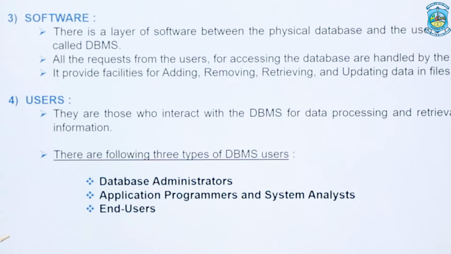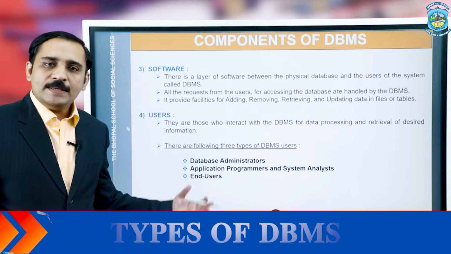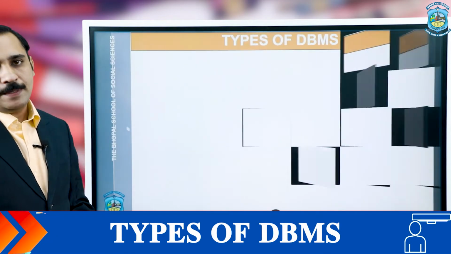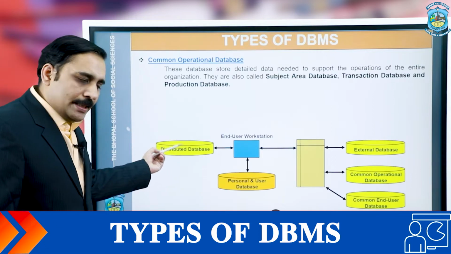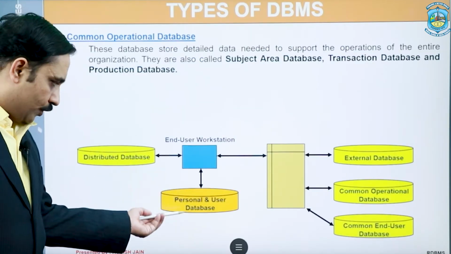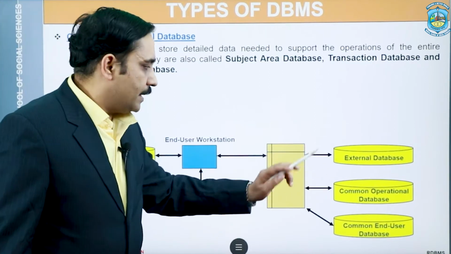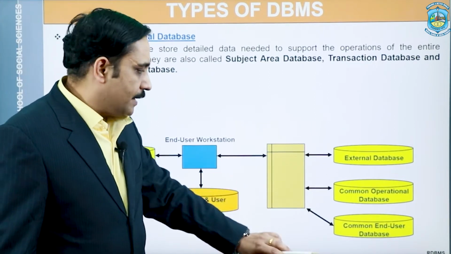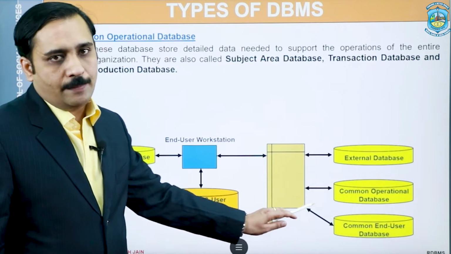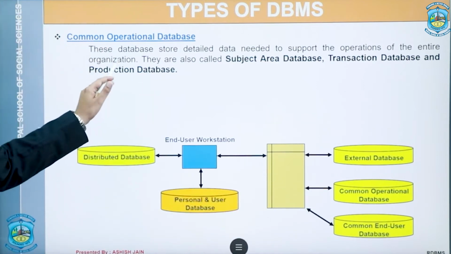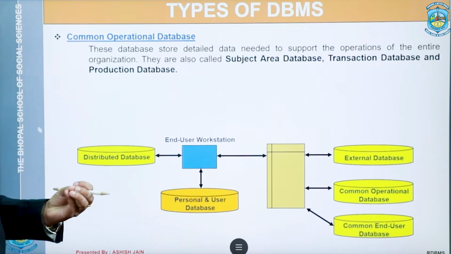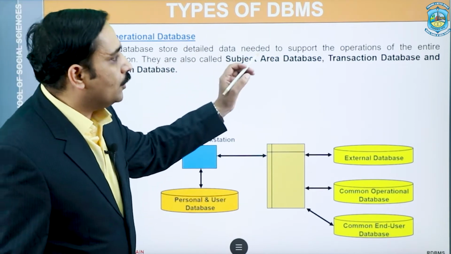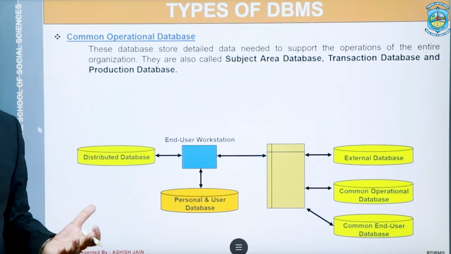Now we see the various types of DBMS we have. Broadly classified, we have distributed database, personal end user database, external databases, common operational databases, and common end user database. Common operational databases include all those databases that store detailed data needed to support the operational needs of an organization.